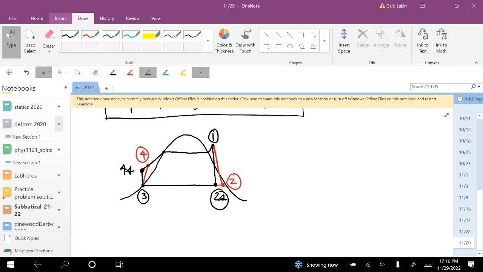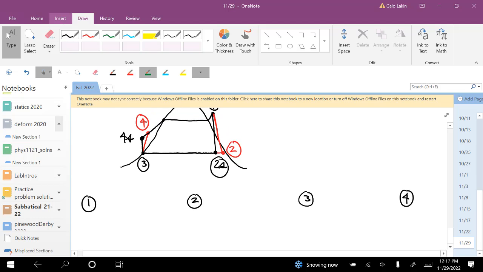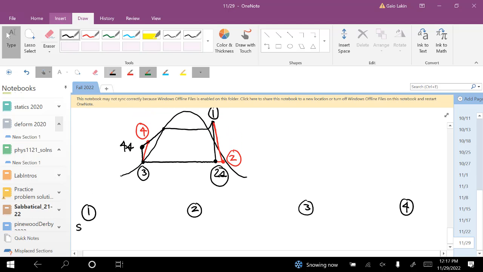All right, well, let's write out these states and figure out what we know at each of these. Here's state 1, state 2, 3, 4. We can see that state 1 is a superheated vapor.